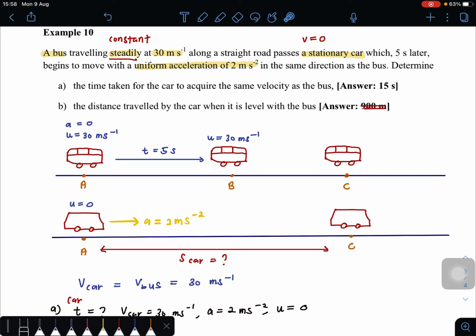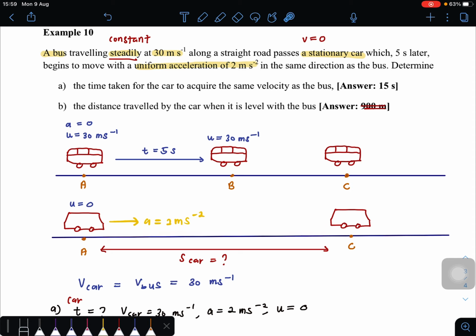And then the bus moves on and leaves the car behind, and then the car moves because it has acceleration, so it will move until it catches up with the bus at this point. So at this point, how far has the car traveled? I hope you understand what the question asks. I'm trying to explain it as simply as possible. So basically that's what the question asks. We want to find the distance here.